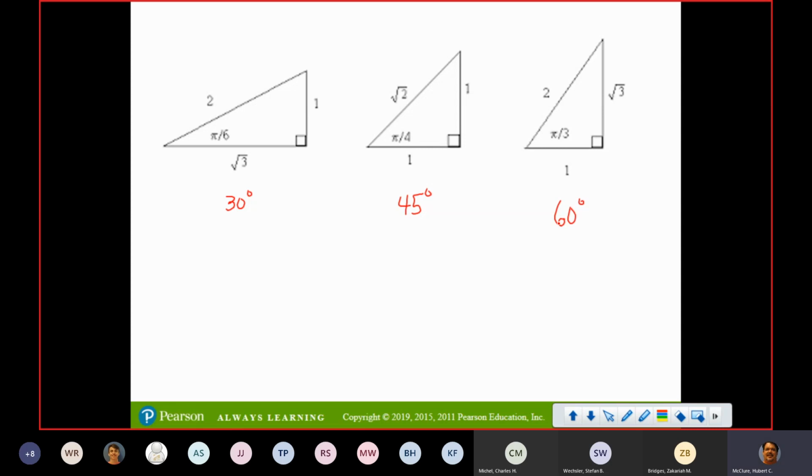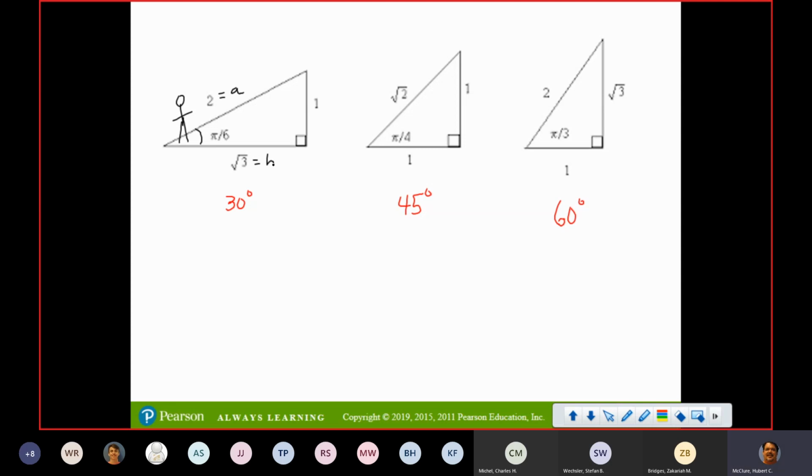Now, do you have to remember the 1, square root of 3? Yes. Because you can find the sine, cosine, and tangent of each one. See, your angle's down here because that's where they got the pi over 6. So your little man has got his foot on the adjacent and the hypotenuse.